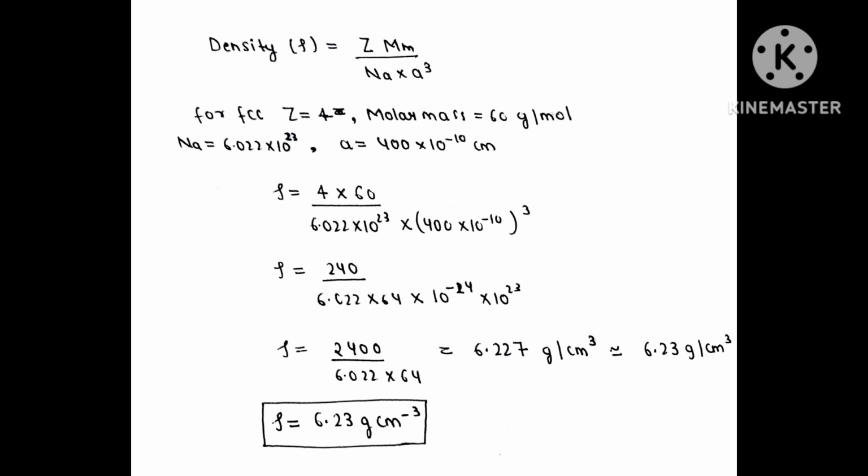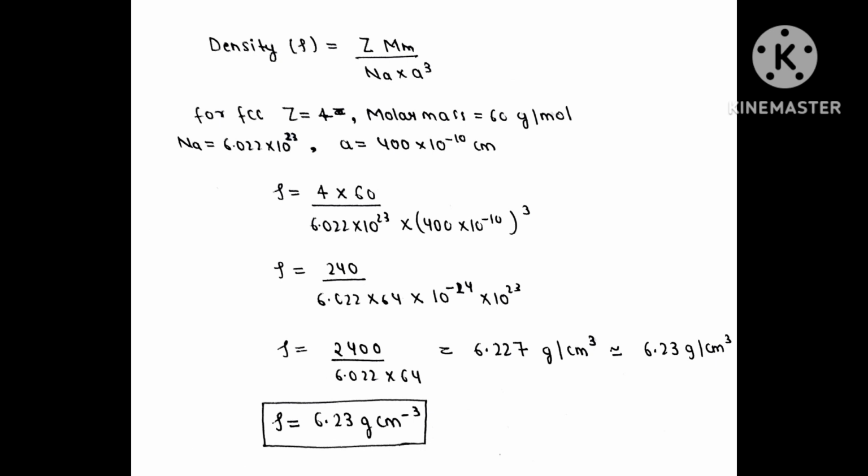After solving you will get 63.1 gram per mole. This is the atomic mass of copper: 63.1 unit, or 63.1 gram per mole.